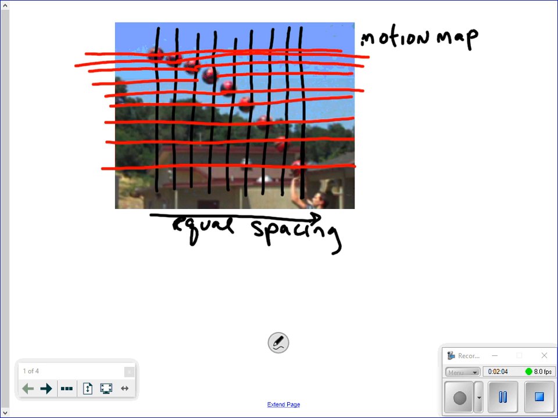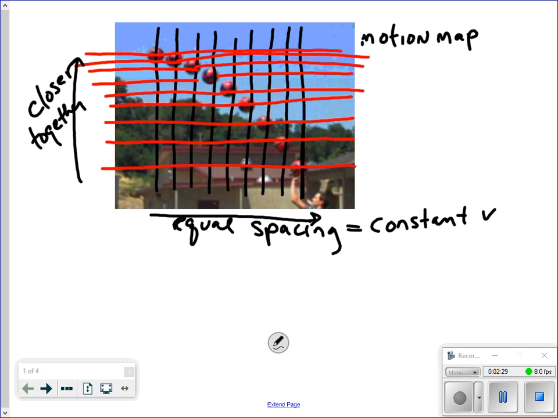And as you go this way, as the ball goes up, you'll see that the lines get closer together. And so I said, what does this tell us? If we have equal spacing and we figure that this strobe image was taken in equal increments of time, this would mean to me, here, from left to right, we are moving with a constant velocity.